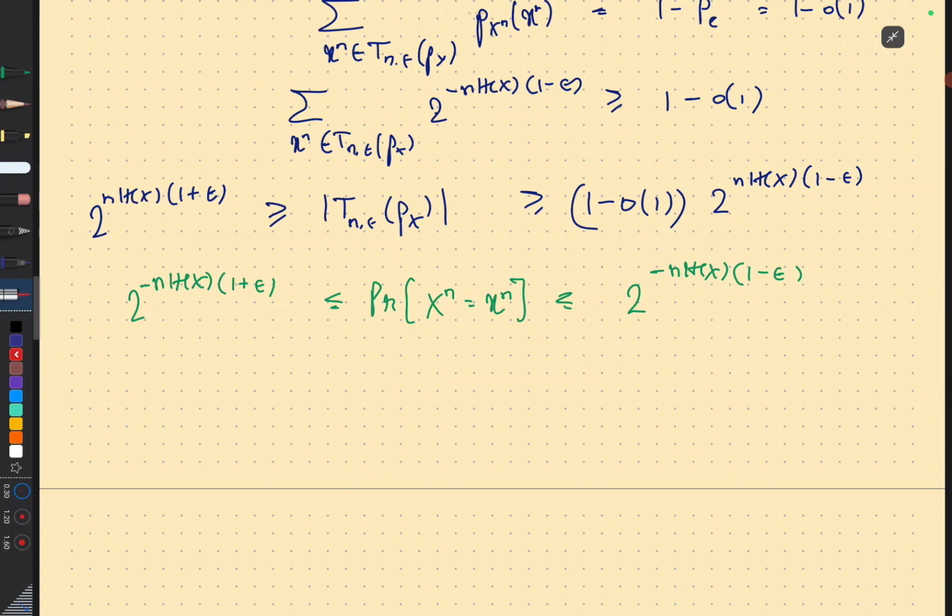Correct? So basically the probability that Ck is some particular sequence is very close to 2 to the minus n times h of x times some function of delta of epsilon. But this delta is very close to 0 as epsilon becomes very close to 0.